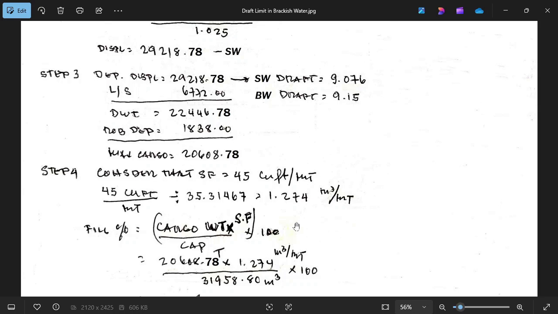So what percentage would it be if we load this 20608.78 in the vessel? What will be his percentage?